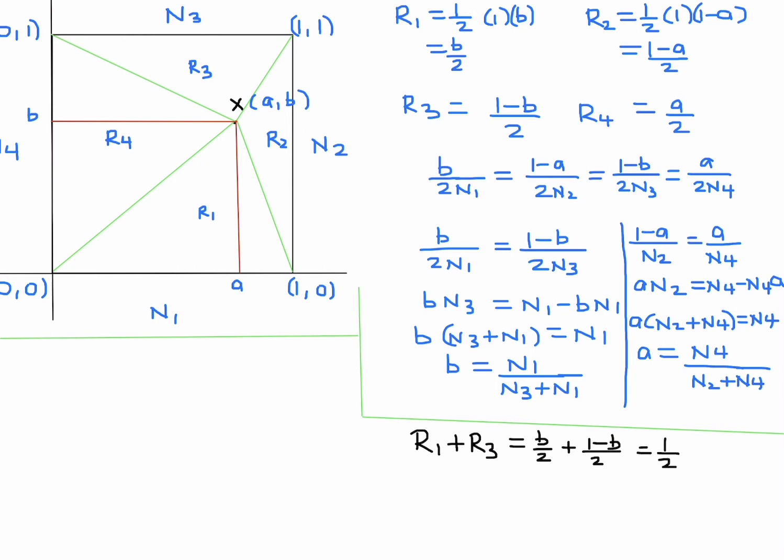Now the area of the entire square, it's a unit square, which is what I chose to make this easy in terms of the math, has an area of 1. So R1 plus R3 are essentially half the area. Very similarly, look at R2 plus R4. If you add them up, it's (1 minus A) over 2 plus A over 2, and that is also a half. So those two regions comprise a half.